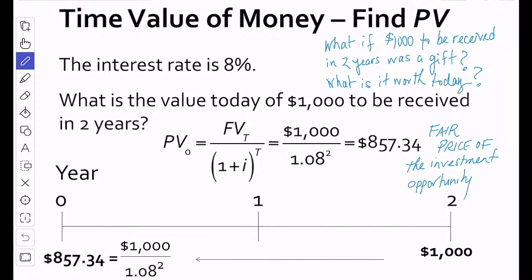This is how much you'd be willing to pay to get $1,000 later. But what if it was a gift to be received?